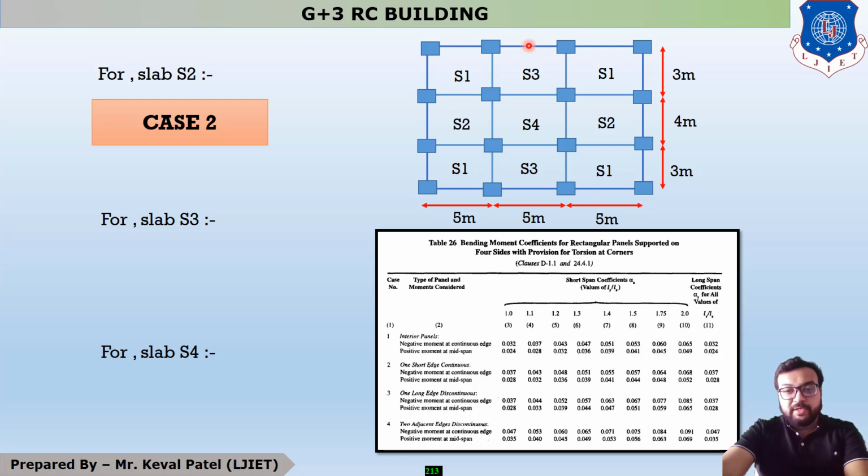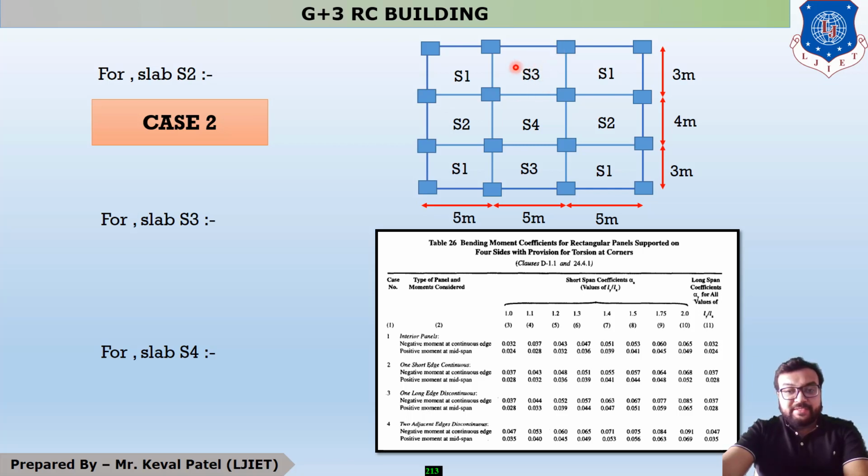Whenever we put main reinforcement in this direction, it is discontinuous on this edge but continuous on this edge. And whenever you provide reinforcement in this direction, in X direction, it is continuous on this edge and also on this edge. So your reinforcement is discontinuous over these edges. Now, what is this dimension? This dimension is 5 meter.